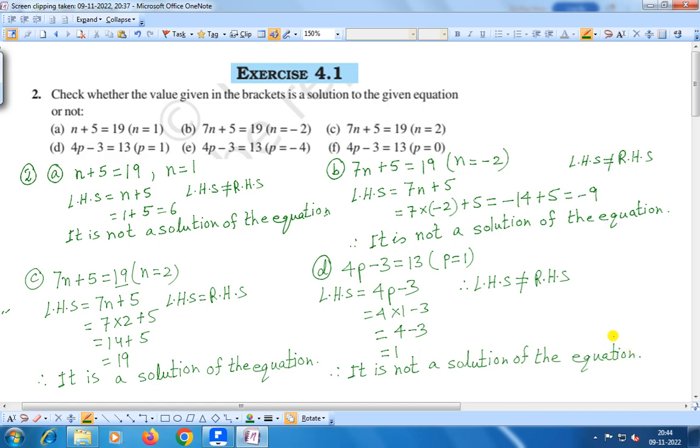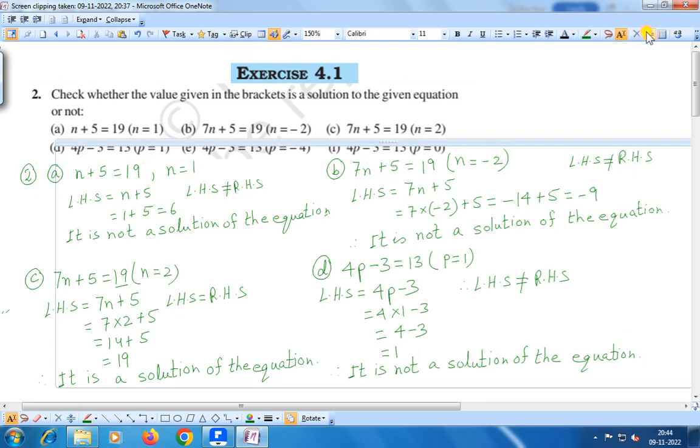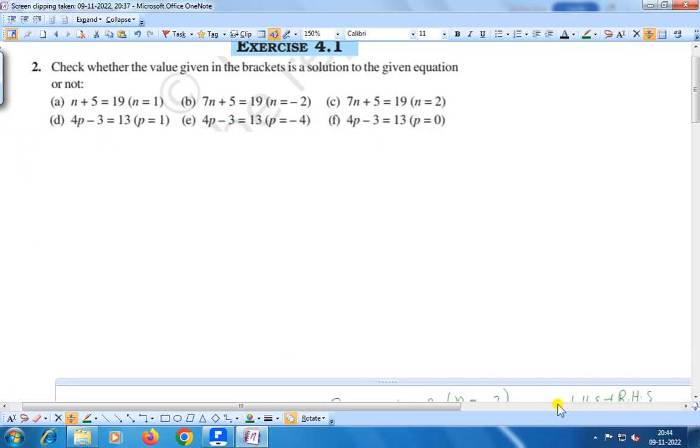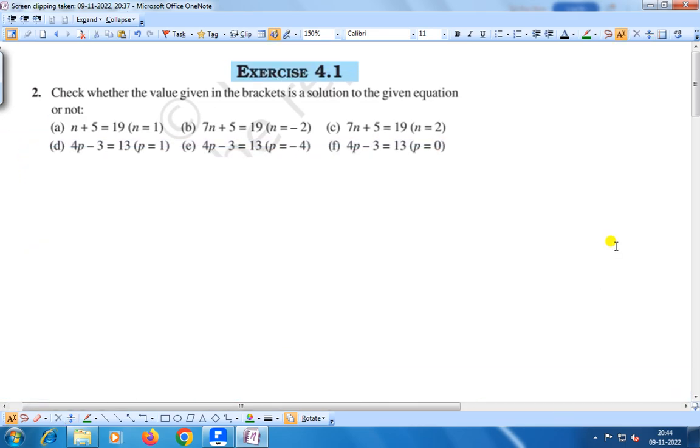Now we solve the next question, that is question number E. Here you see question number E is 4p minus 3 is equal to 13 and p is equal to minus 4.